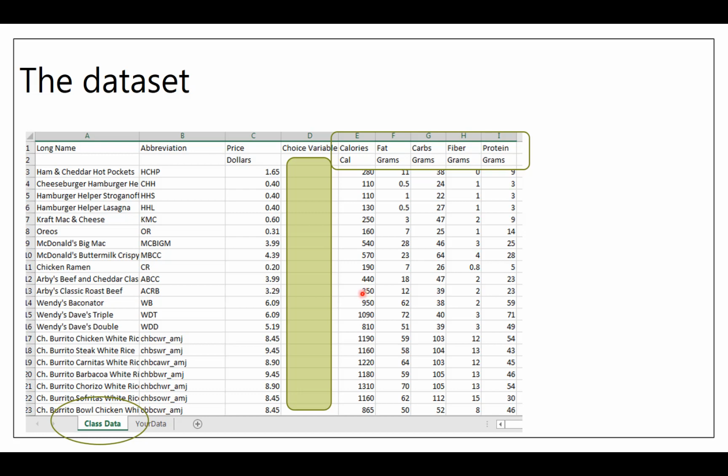So it's possible that some of these data are off. These are undergrad students just like you that collected this. But anyway, we're going to take it as true. So it cost $3.29. It gave us 350 calories, 12 grams of fat, 39 grams of carb, 2 grams of fiber, and 23 grams of protein.